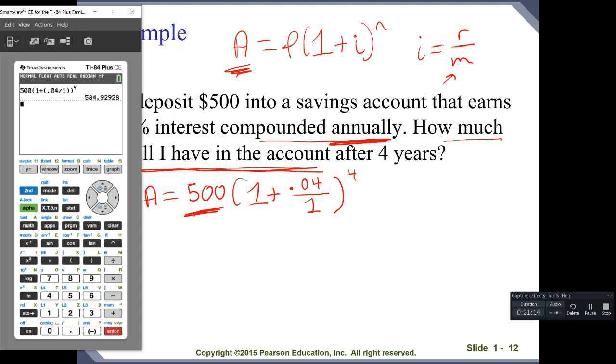And so I get, and we always are going to round this to the nearest cent. Unless sometimes the question will say round it to the nearest dollar, then do that. So rounded to the nearest cent, after 4 years, I will have $584.93 in my savings account.